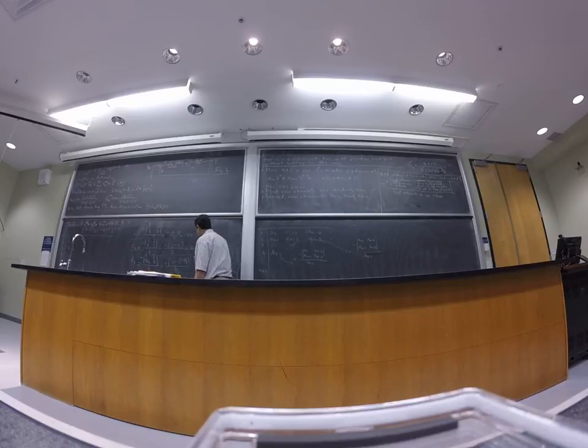So that's 6 plus 64 over 3, which is 18 plus 64, which is 82. So that's 82 over 3 over 8 over 3. So that's 82 over 8, or 41 over 4.